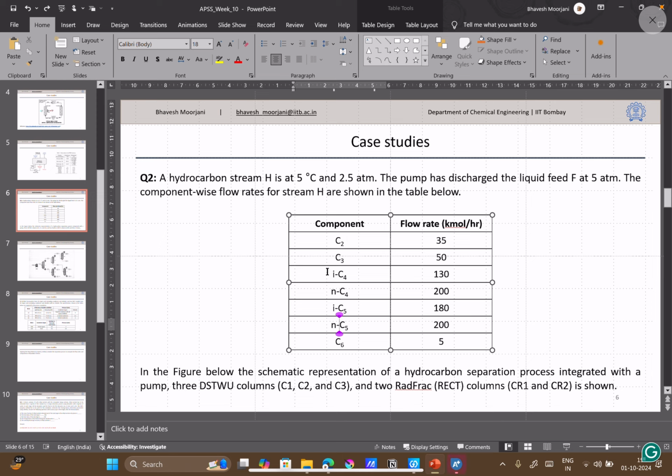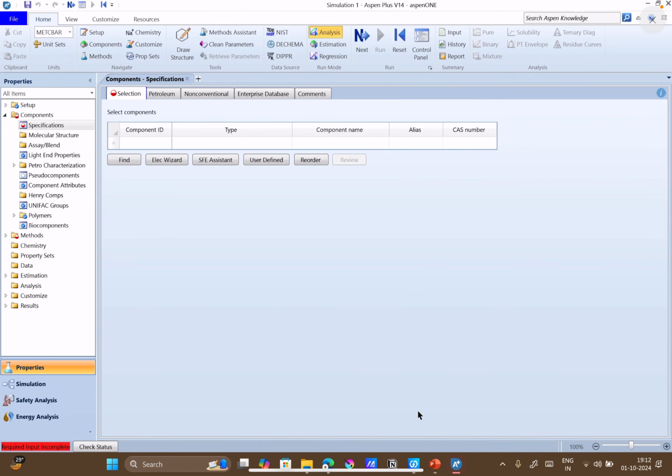Just let me quickly confirm this. ISO N, and then we have NC6 also. So this information is correct. We have N-hexane. Let's add this component to our list.